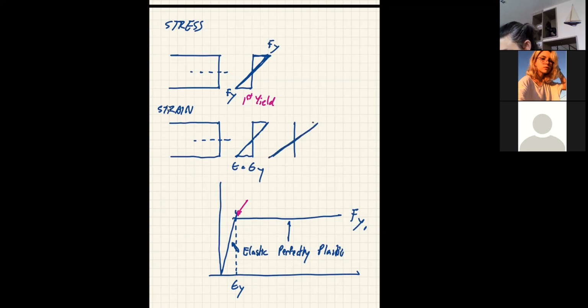Correct? So let's say here, when we are beyond the first yield, the strain is beyond epsilon y. Say I use 3 blocks here so you can see where your epsilon y is. But now your strain is greater than epsilon y. What's going to happen to your stress?